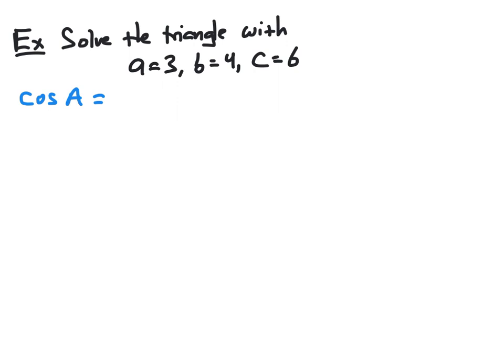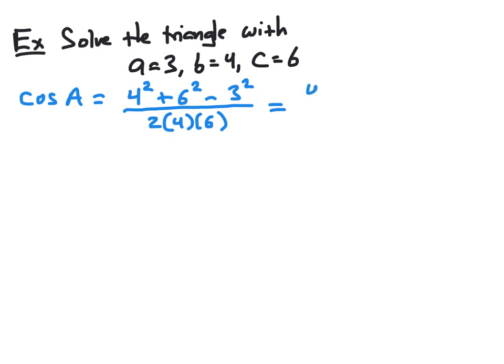According to the law of cosines, this is going to be B squared plus C squared minus A squared, all over 2 times B times C. We can compute all of this out. The numerator will be 43.